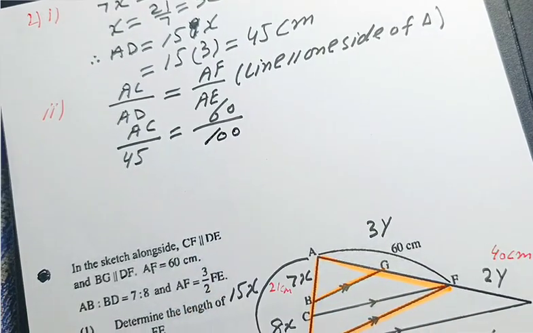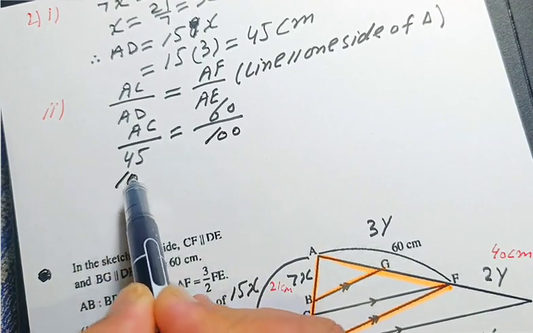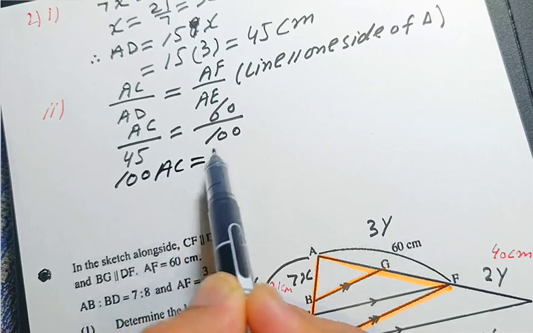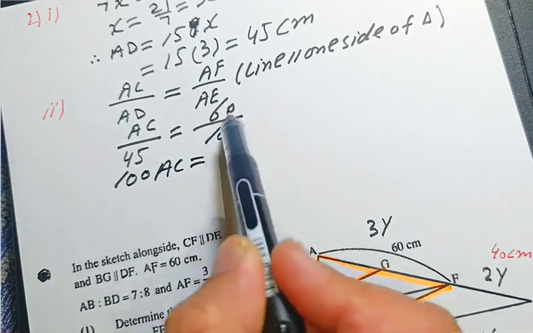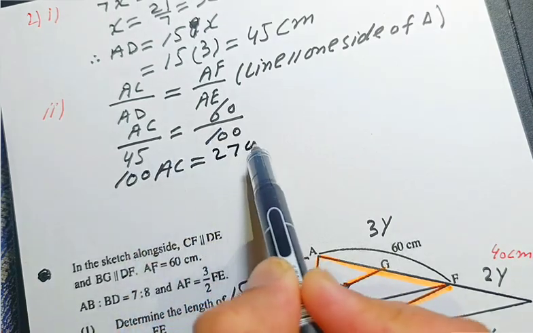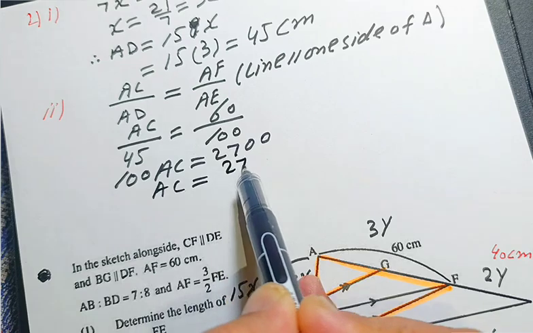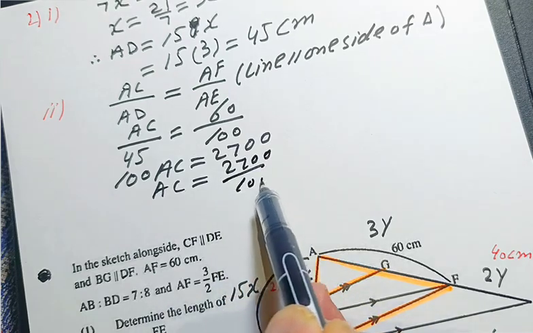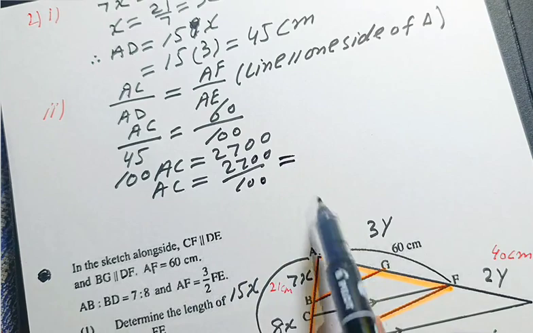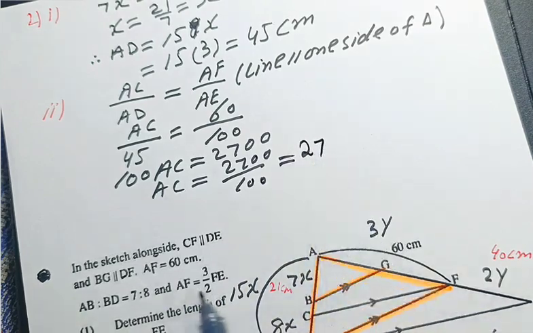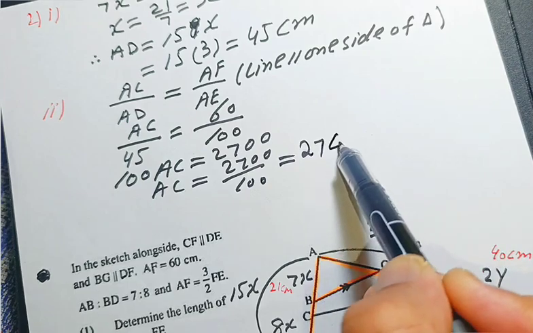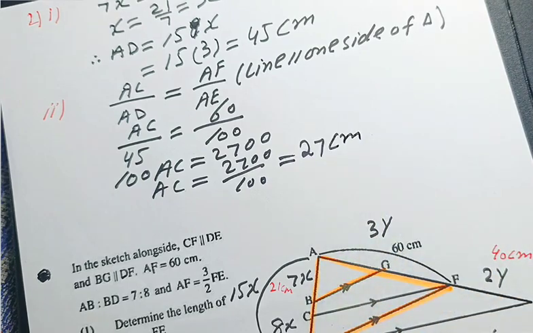Now we need to cross multiply. 100 AC is equal to 2700, and the AC is 2700 divided by 100. The answer is 27 centimeter.